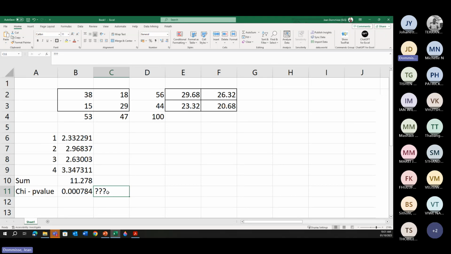So again, if you're using Excel, just make 100% sure you have practiced the things beforehand, and don't wait until the day that you write to understand all the formulas and things like that.